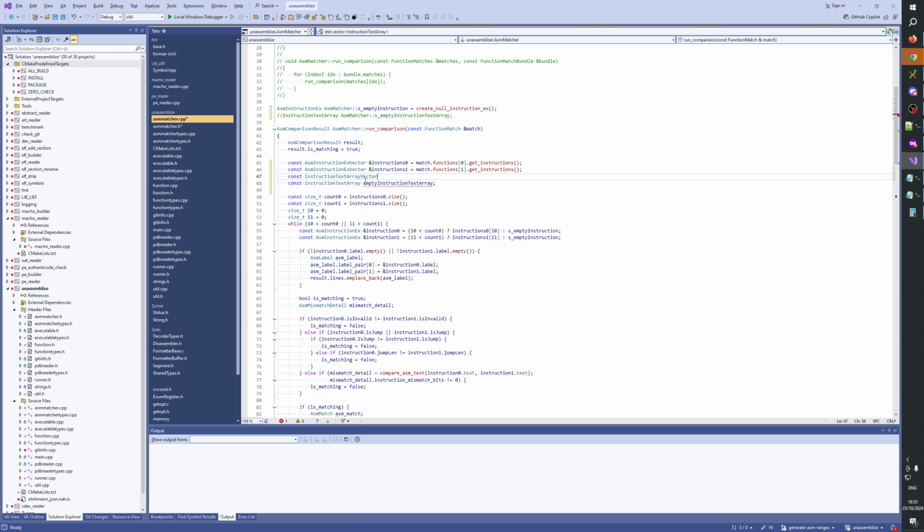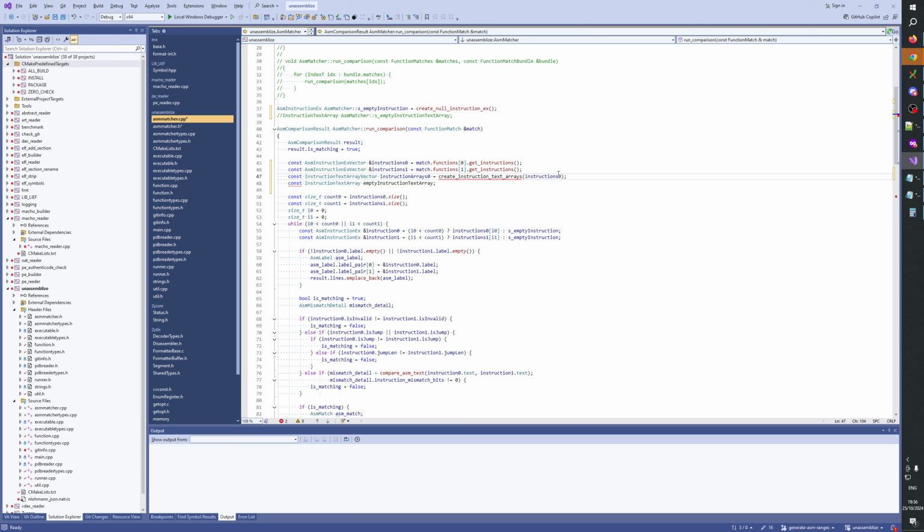Instruction text array vector. Then we say instruction arrays 0. And then we have something build or create instruction text arrays, and in there we pass this here.